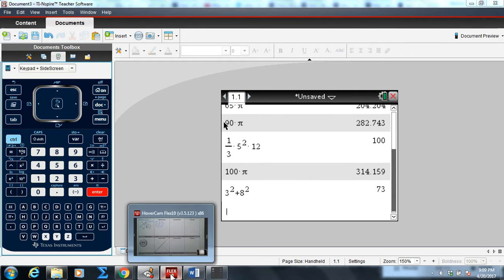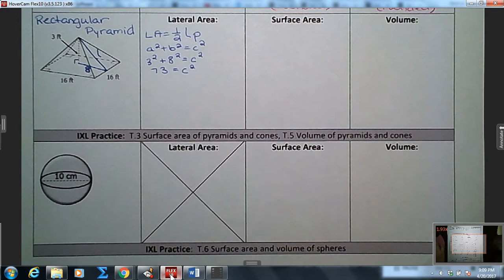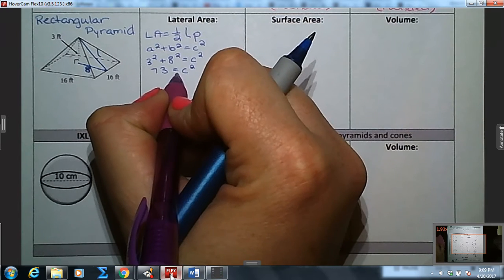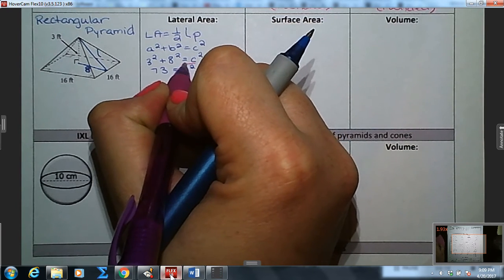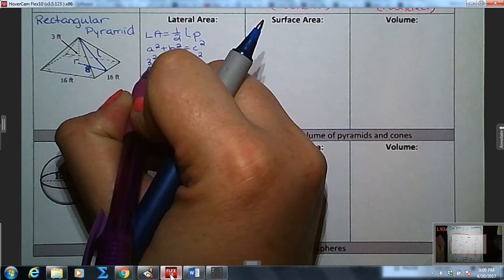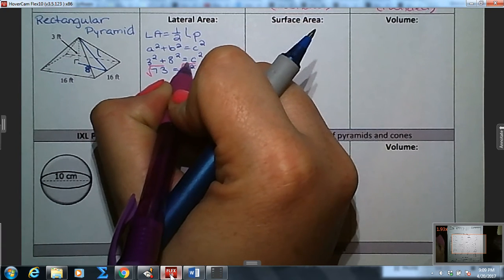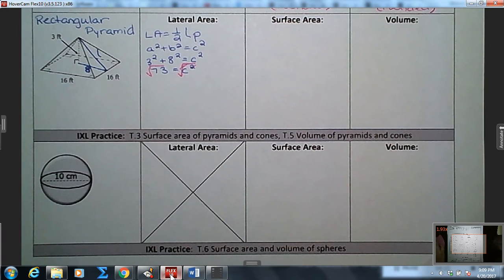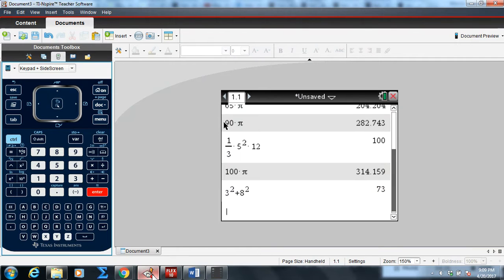In order to get c all by itself, we need to remove the square. The inverse of a square is a square root. So we need to know what the square root of 73 is.